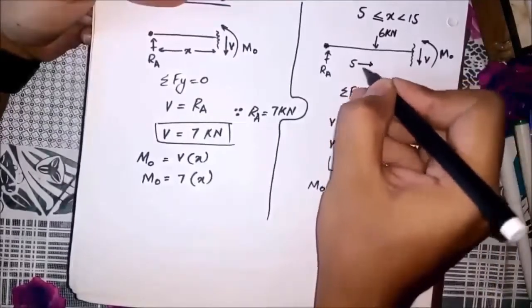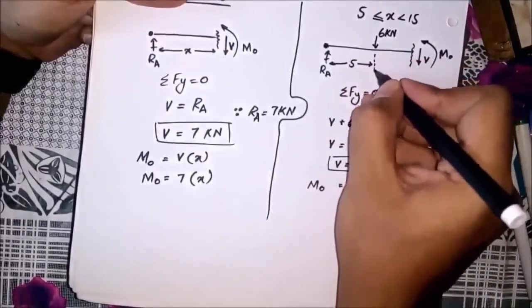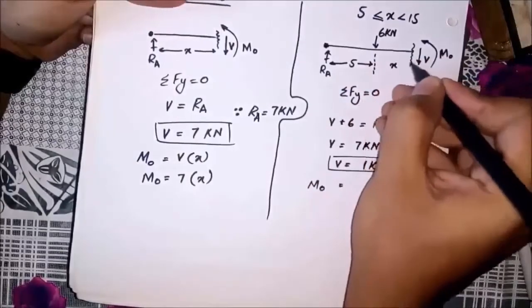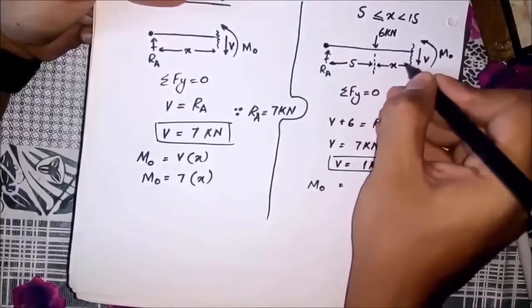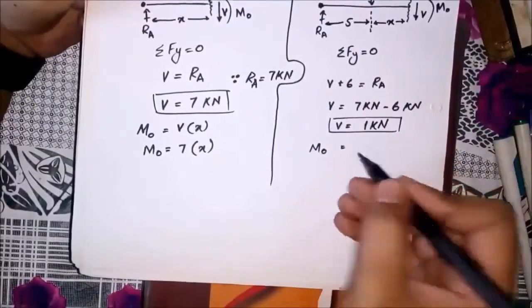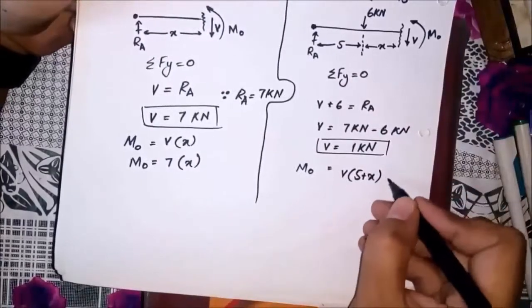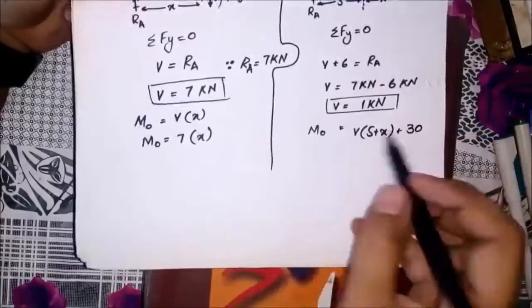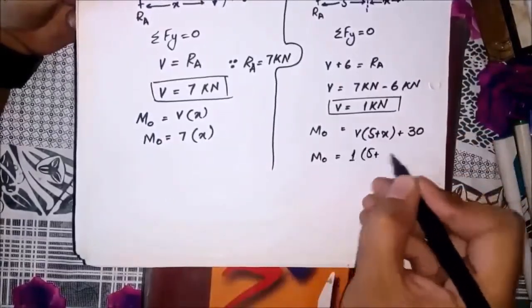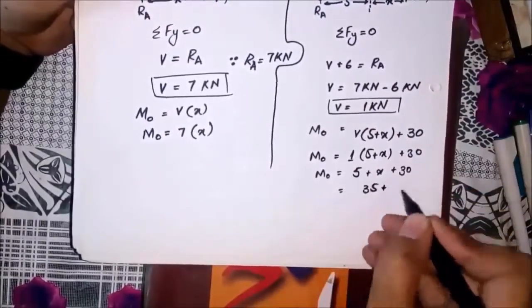The distance between point A and the 6 kN force is 5 meters, whereas the distance between point A and the V force is 5 plus x meters. By solving it, we have these values.